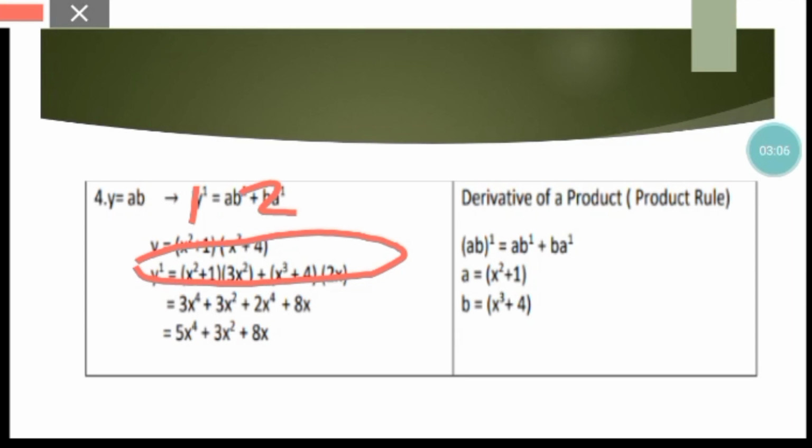Combine like terms: 3x to the fourth plus 2x to the fourth gives 5x to the fourth plus 3x squared plus 8x. That is the product rule.